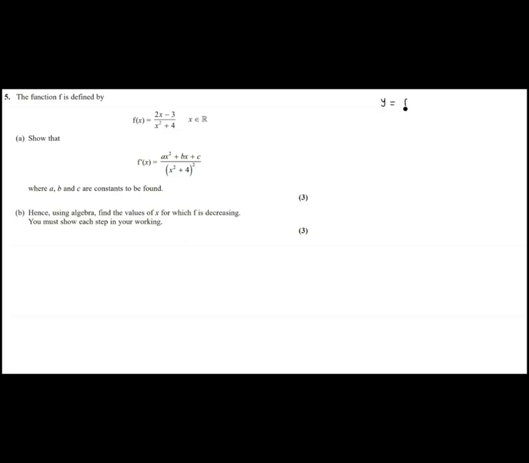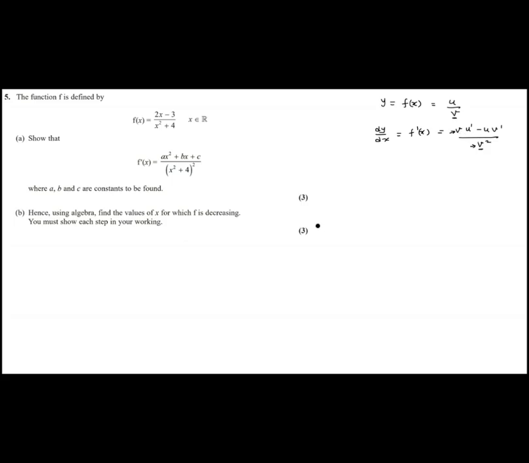If you have a function y equals f(x), in the form u over v, like a fraction, then dy over dx, which is f dash x, is given by (v u dash minus u v dash) over v squared. u and v are both functions of x here. Remember v is in the denominator, so it is squared, and then you start with v u dash.